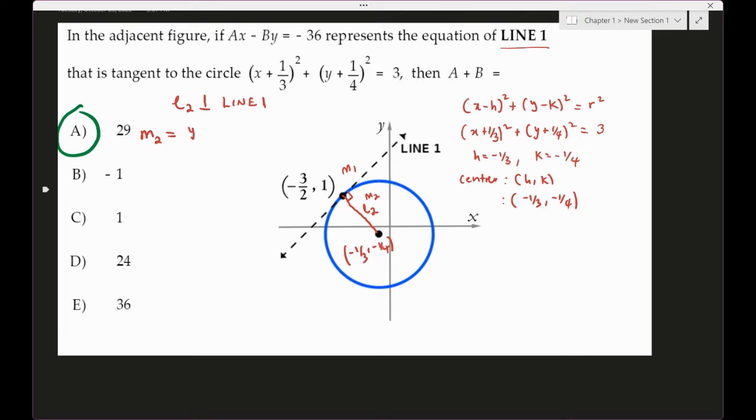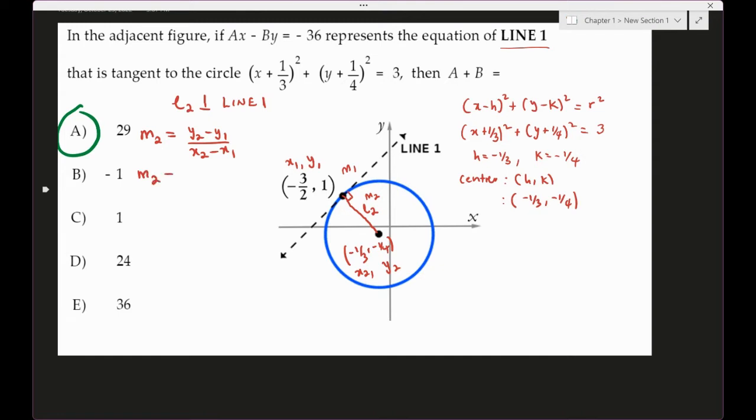For M2, we can use our formula y2 minus y1 over x2 minus x1. We call this point x1, y1, and this point x2, y2.